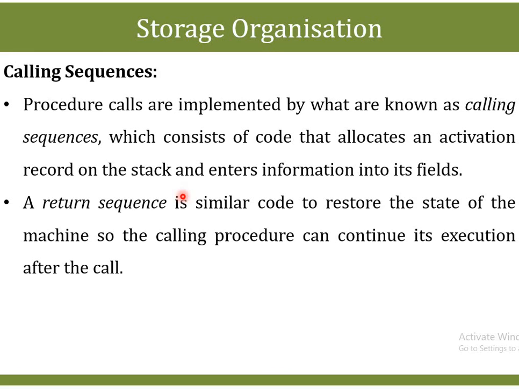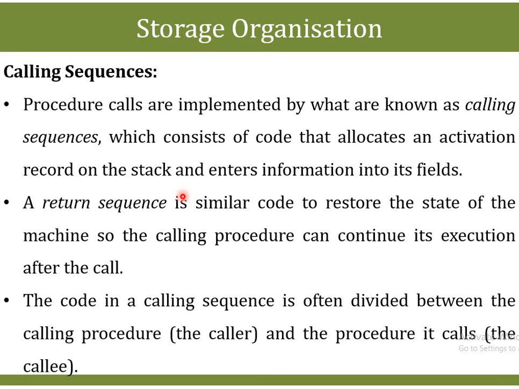So that is maintained by the return sequence. That is possible because of the return sequence code. So the return sequence refers to a set of code which is responsible for ensuring the state between different function calls. Okay, fine.